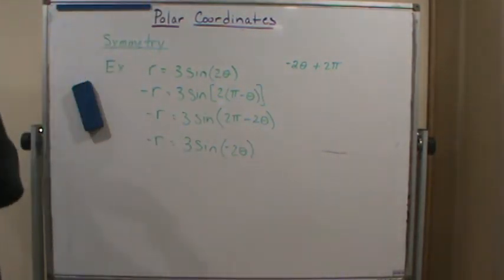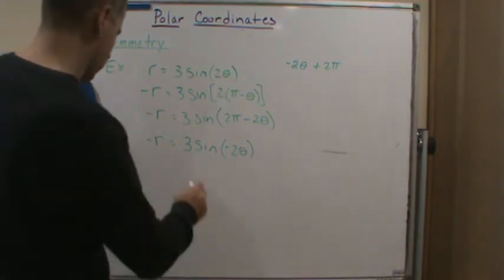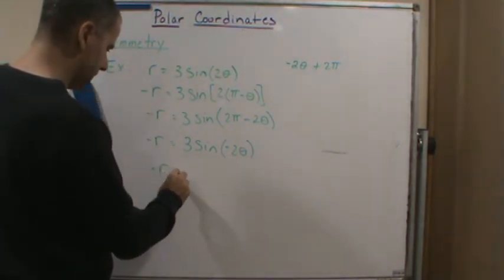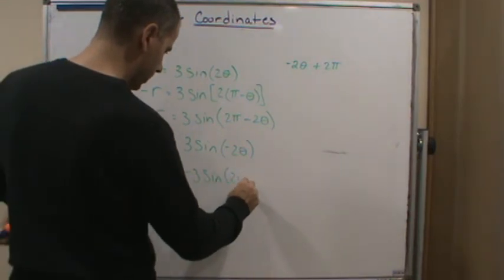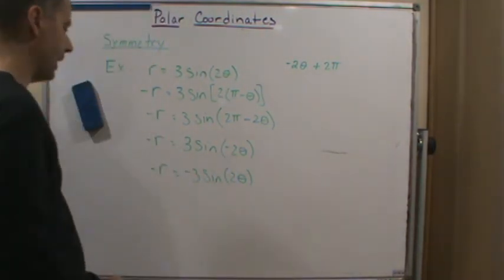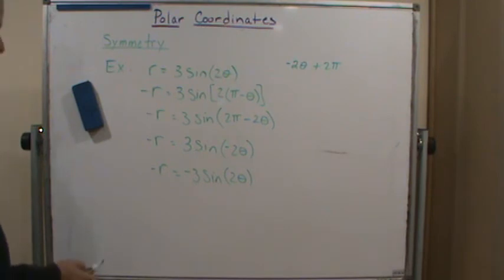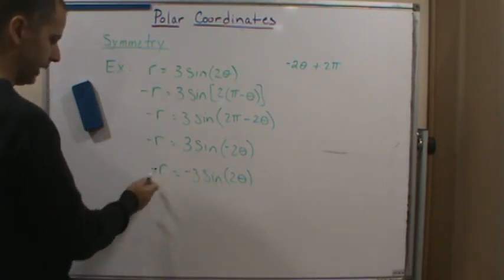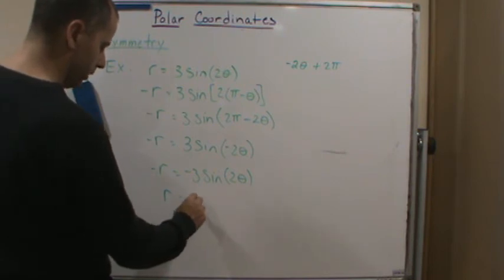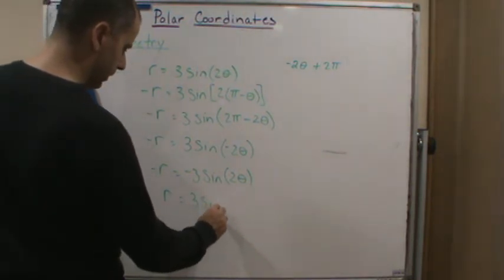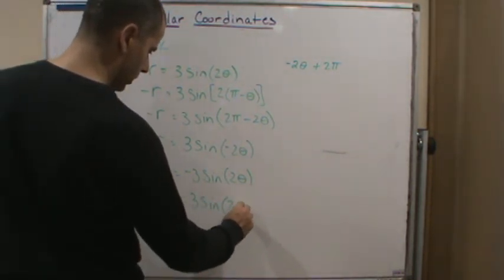Okay, well, what did we say about negative 2 theta? Sine of negative 2 theta is the same as negative sine of 2 theta. So negative r is equal to negative 3 sine 2 theta. Now, we multiply everything by negative 1, and we get r equals 3 sine 2 theta.